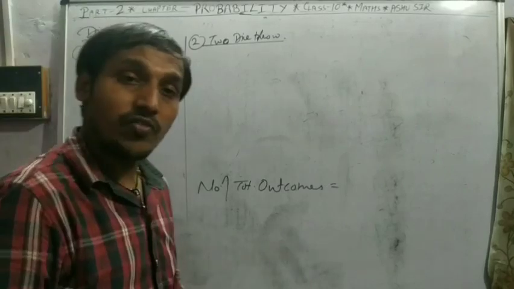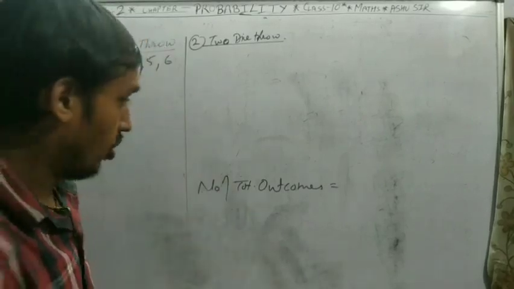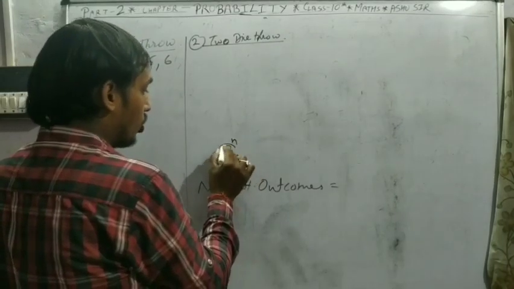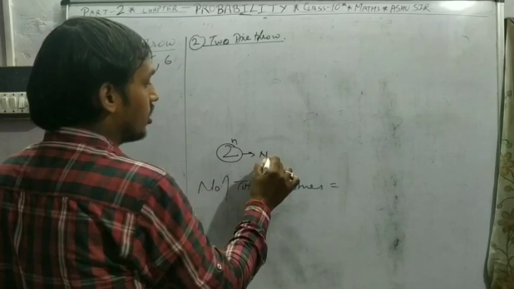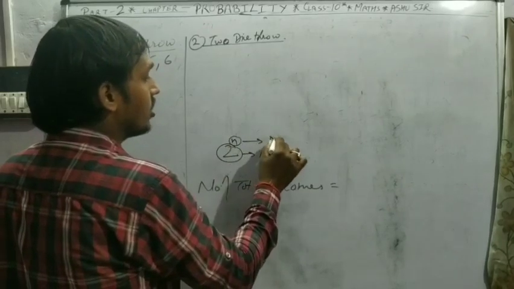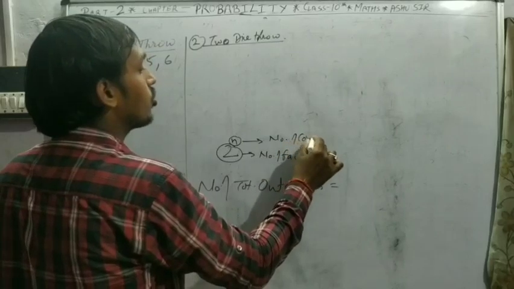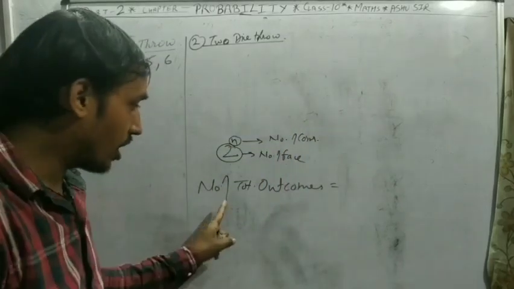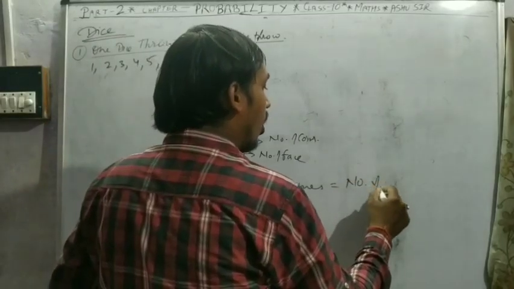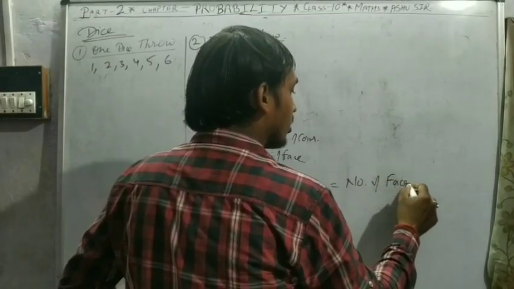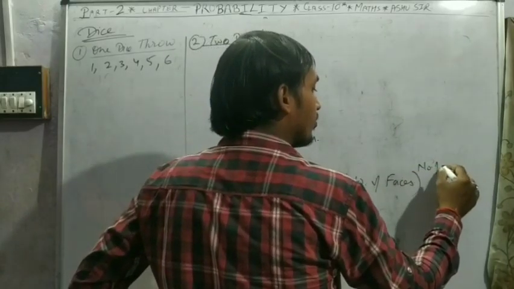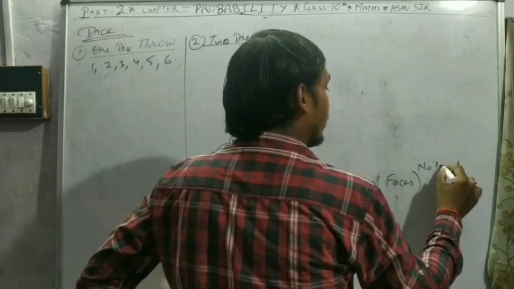Just like in coins, 2 to the power n, where 2 is the number of faces and n is the number of coins. Same logic here: number of faces to the power number of events.